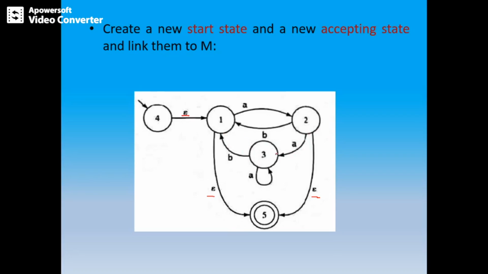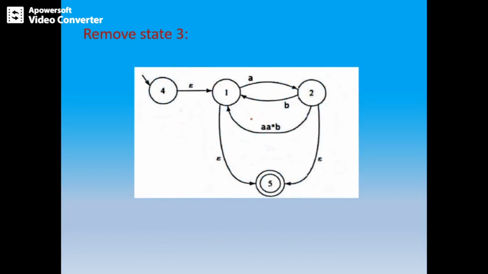You just check what transitions are coming into it. It is only going in one direction, so you write it as A star and then B. This is what we got after removing 3.